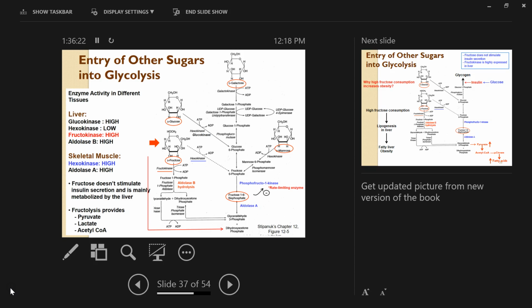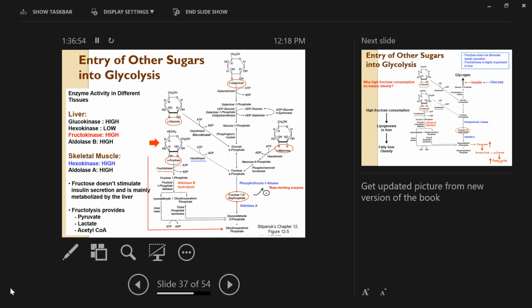So there are two things that make high consumption of fructose produce more fat. One is that you bypass the rate-limiting reactions, so you have lots of 3-carbon intermediates generated, and those intermediates are converted to the glycerol backbone for triglyceride synthesis.